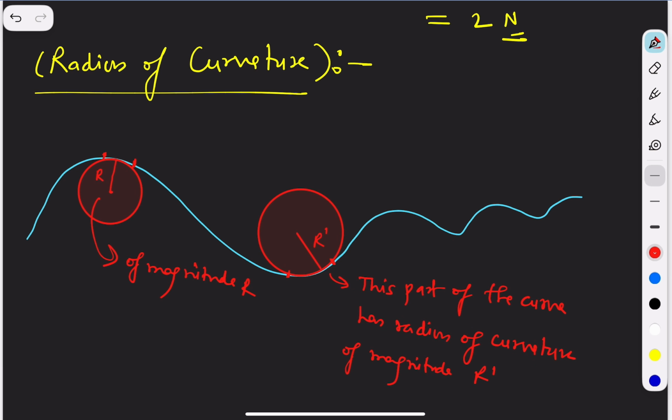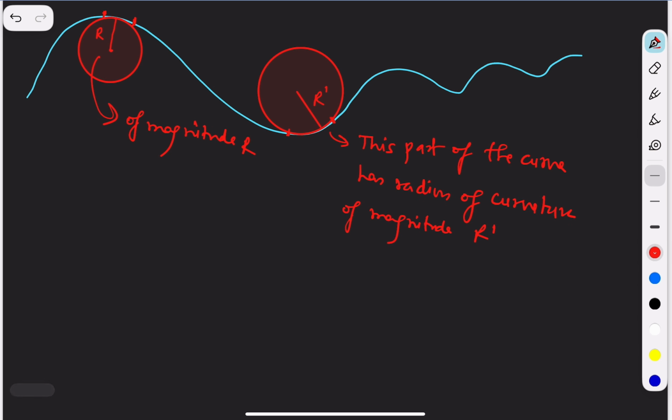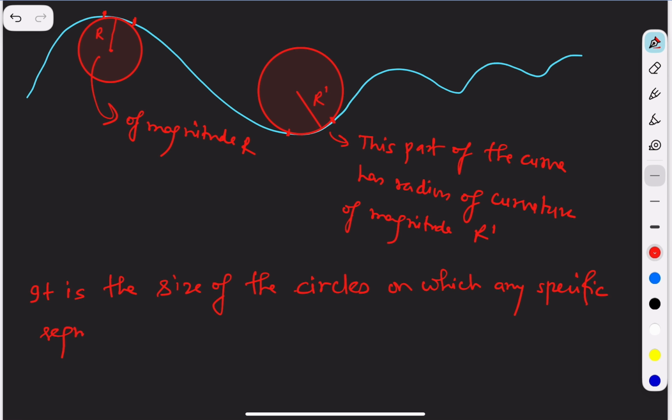If I formally write what I have discussed right now, the radius of curvature is the size of the circles on which any specific segment of a curve can completely get superimposed.